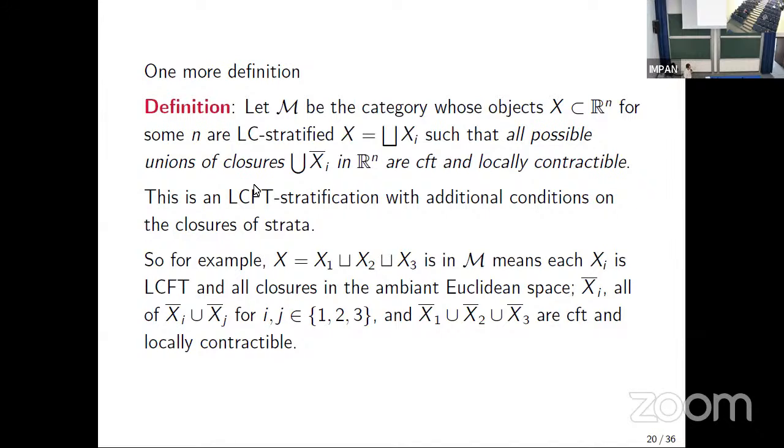To make things work, this is a small thing we found, but it's not much. Sorry, this is cohomologically finite, which is finite type for cohomology with compact support. So not only the X_i's are of finite type, but also the closures. For all applications, this is very easy to have. It's not a big deal.